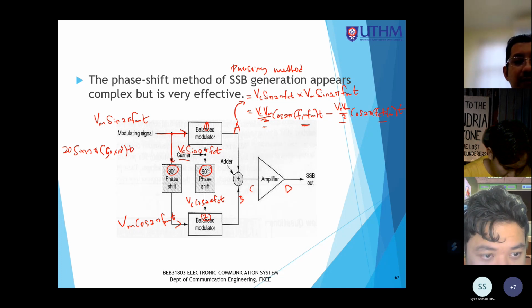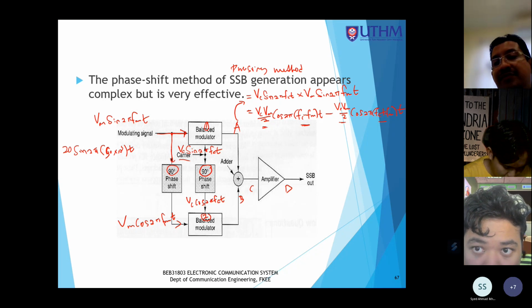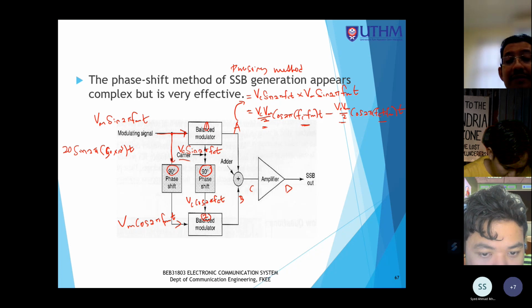Mungkin carrier kita bagi 100 sin 2 pi 700k T, something like that. Okay, so tak ada masalah pun kalau dalam bentuk values, lagi senang, kita just masukkan nilai saja. Okay, so don't worry about that.